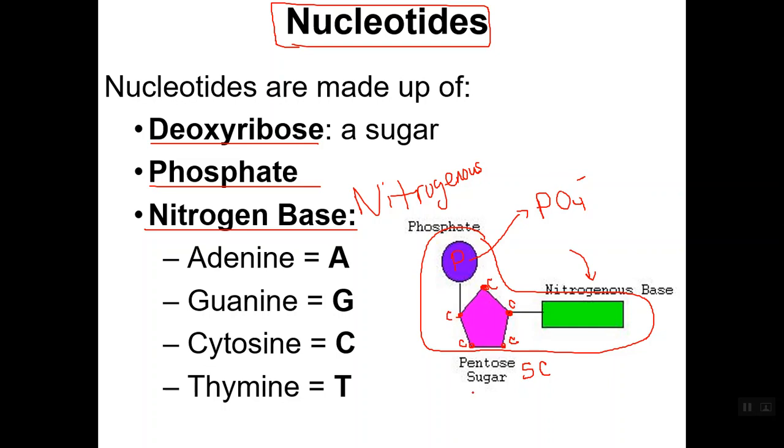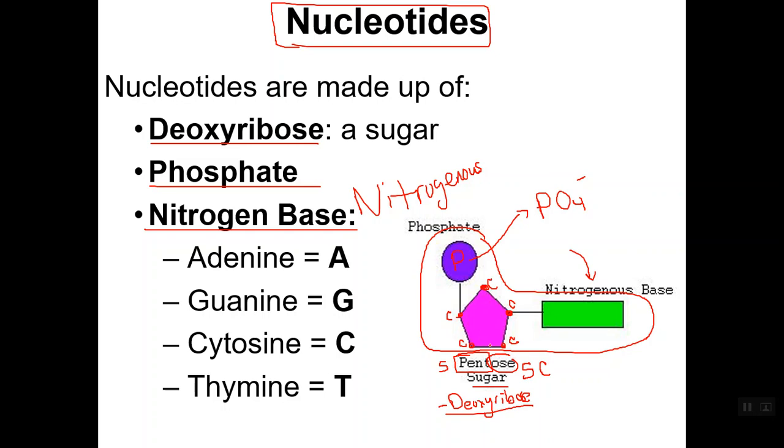But that's why it's called a pentose, right? Pent means 5, os just means sugar. So they're saying that this pentose sugar has 5 carbons in it. You guys know that if this is a DNA molecule, then the sugar in question is what? The sugar in question is deoxyribose, right?